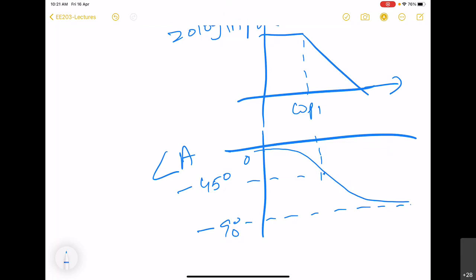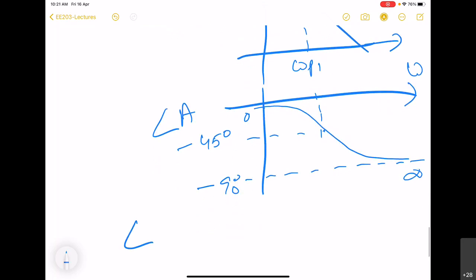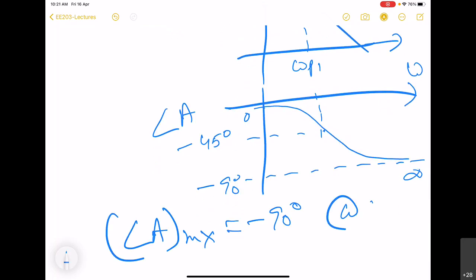So it attains 90 degree, that too at omega equal to infinity. So here we see that the maximum phase of A is equal to minus 90 degree at omega infinity.